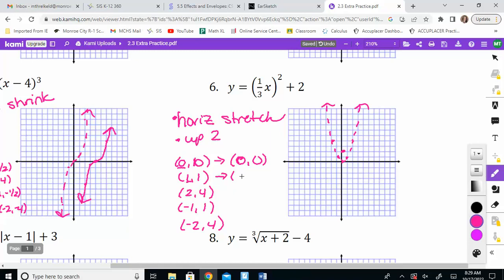Alright, so 1, 1, if I take my x times 3, would go to 3, 1. And then move it up 2. 2, 4 would go to 6, 4. And then up 2.